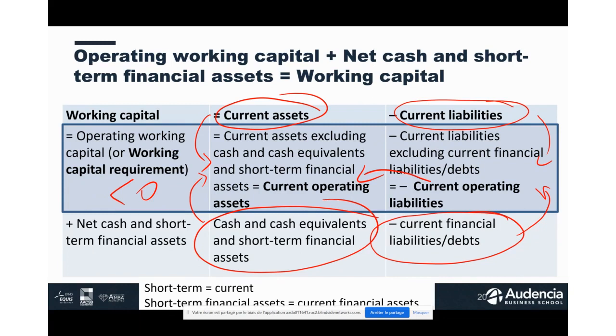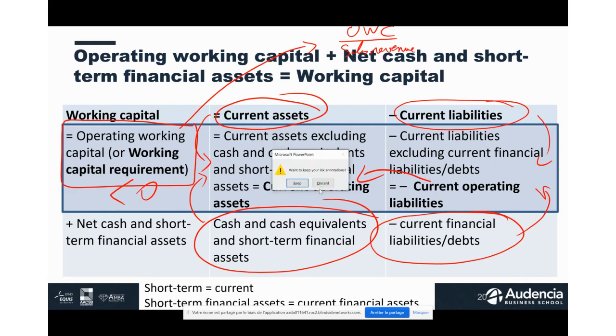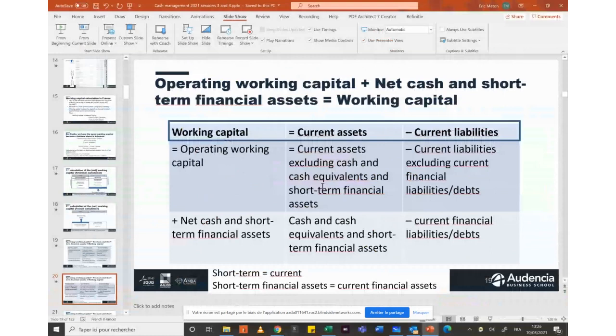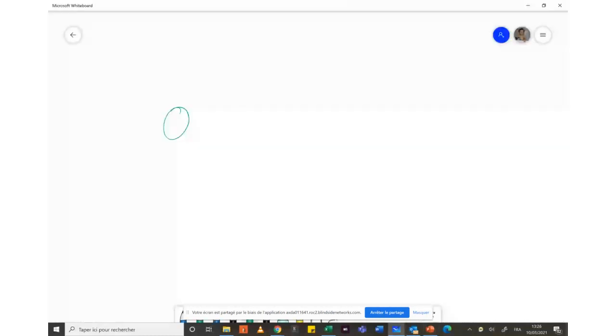For the operating working capital, the evolution of this one, what we want generally is this ratio, operating working capital divided by the sales revenue.